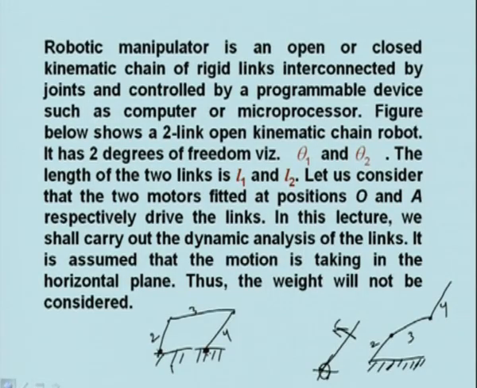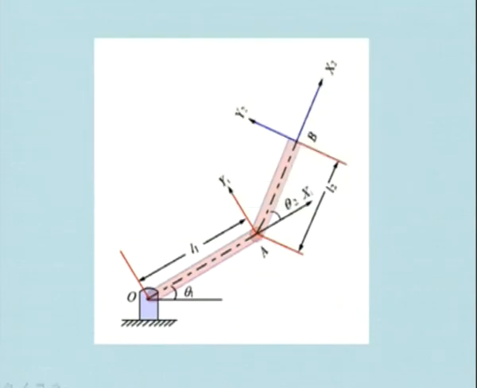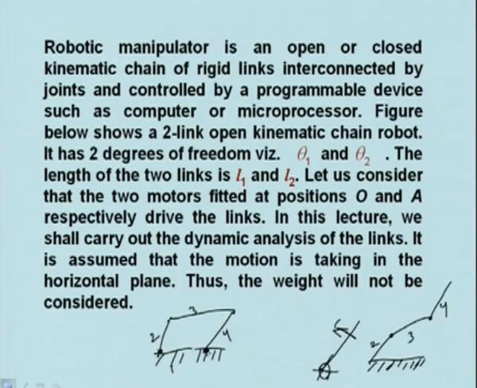The lengths of the two links are L1 and L2. Let us consider that two motors fitted at positions O and A respectively drive the links. In this lecture we shall carry out the dynamic analysis of the links.